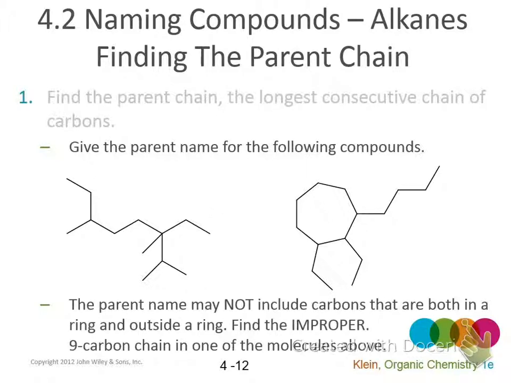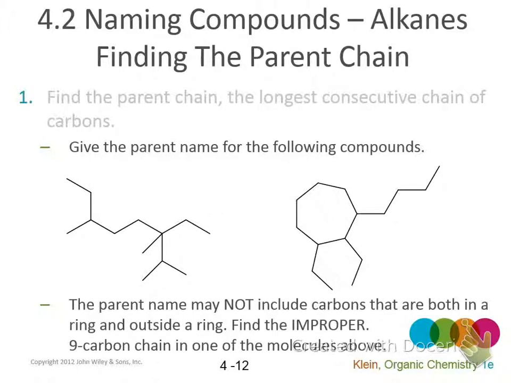How many parent chains have 8 carbons? 2. There's actually 2 possibilities in this one. You can count 8 from here, like this. That's 8 along this path here. It's also 8 along this path here. Oh, actually, I guess there's another one. You can go this way too. So there's actually 3 ways to get 8 on this one.